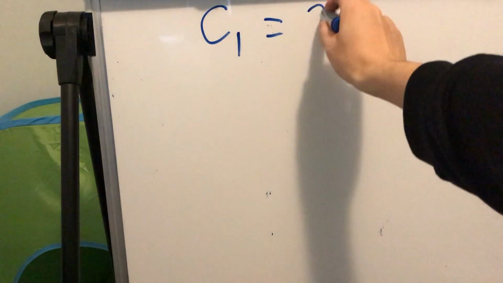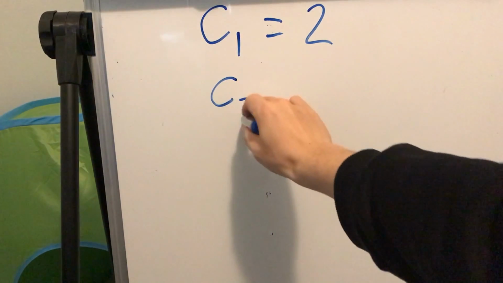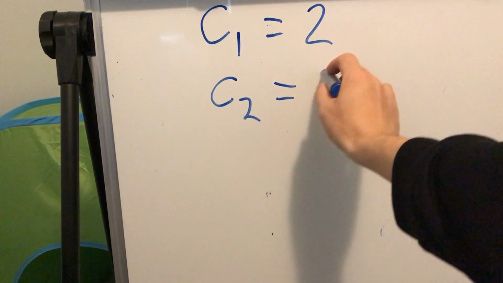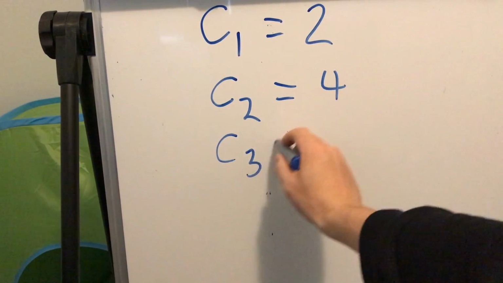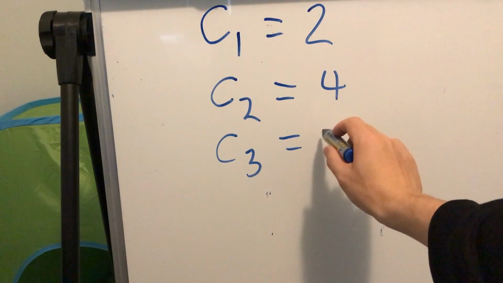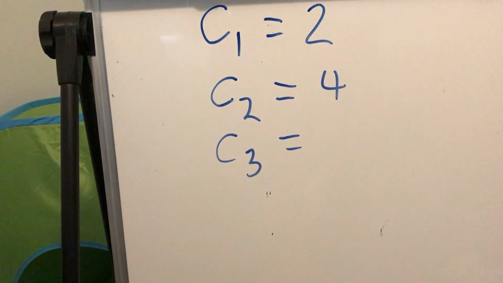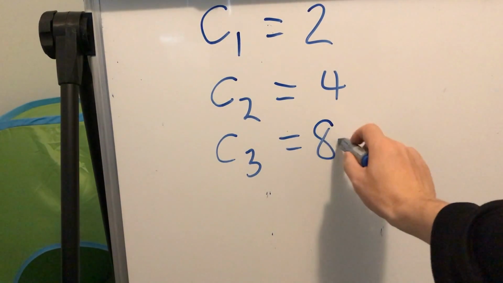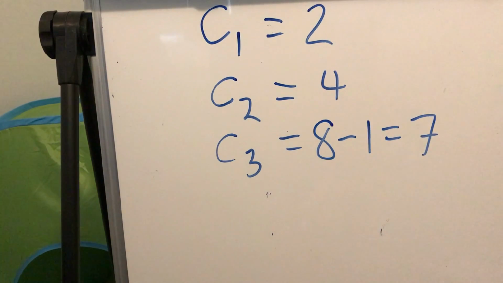Okay, there's clearly 2. You could try C2. There's 4. C3. Now this is the only time it gets tricky, because you have to subtract the 0, 0, 0 code. So you get 8 minus 1 equals 7.